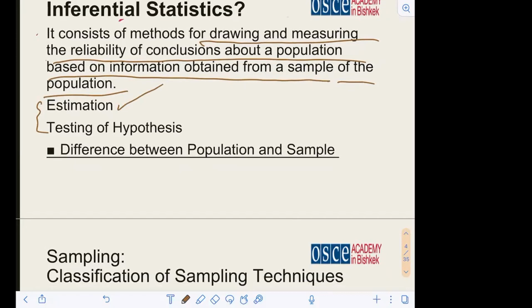What is estimation here? Because I have already said that you infer this information, or you draw the information from the population. So what is a hypothesis? Basically it is a statement that you are going to test through some analysis. For example, when I was doing my PhD, my area was interest-free banks in Bahrain.